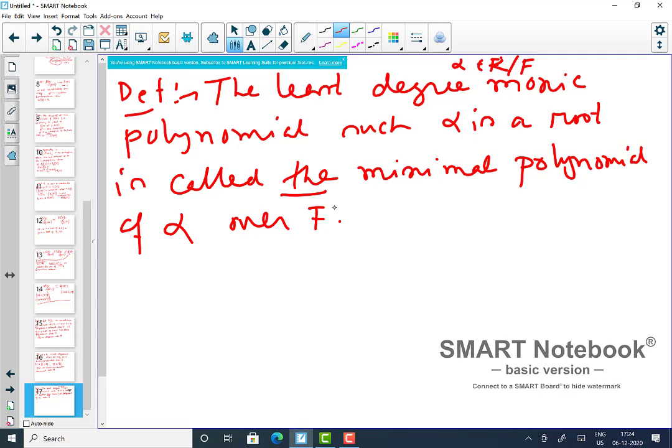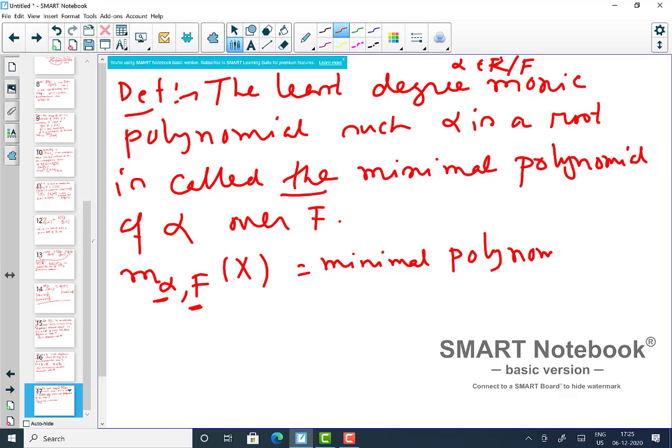I will write it with the symbol m_{alpha,F}(x). So this is alpha, and this is over the field F. Okay, this is a symbol for the minimal polynomial of alpha over F. Now note that if you change the field, then the minimal polynomial changes.